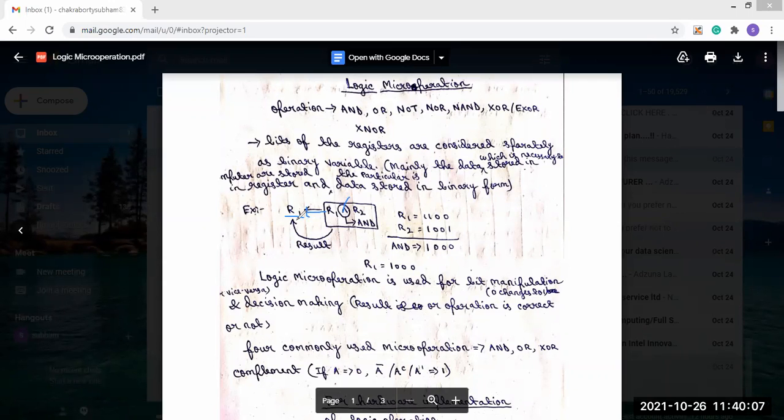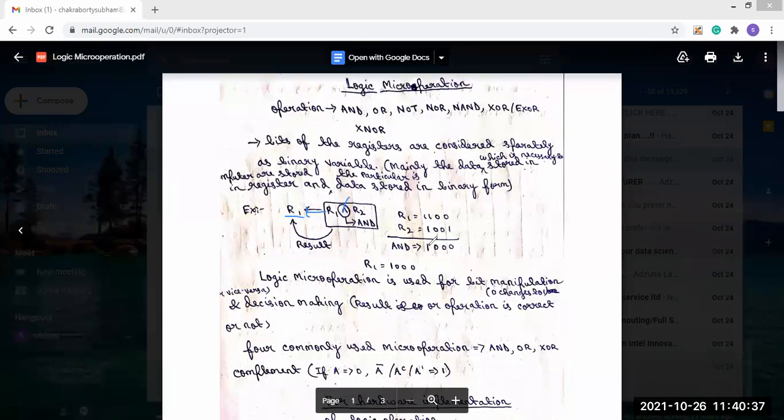So let's say in R1 the value is 1100 and in R2 the value is 1001, and we have to perform the AND operation. In an AND operation, the result is 1 only if both bits are 1. In all other cases it will be 0.